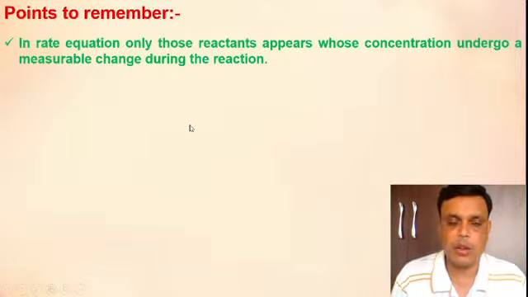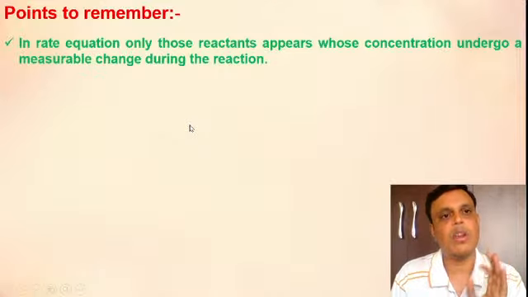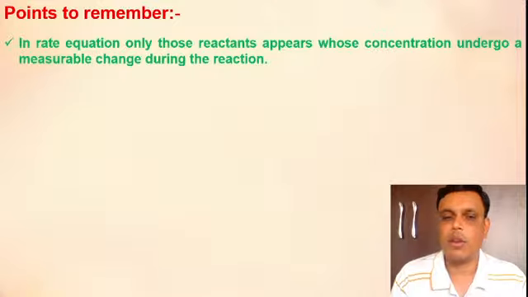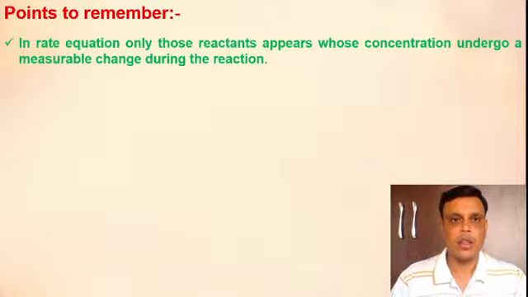आप लोगों को क्या करना होता है? सबसे पहले आप लोगों को रेट इक्वेशन लिखना होता है to find order of reaction. So in the rate equation which terms will appear? कौन से टर्म आ जाएंगे रेट इक्वेशन में?